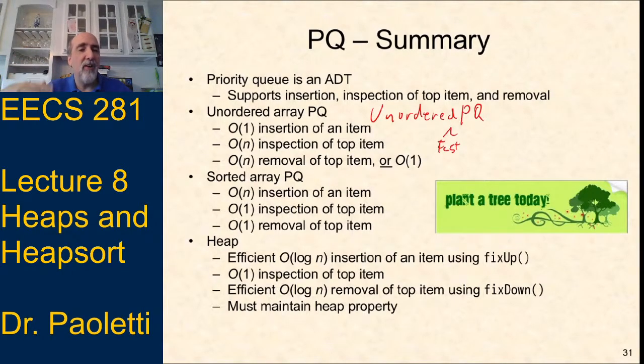So between push and pop, the combined cost is always O of n. If we add them together, it's O of n to push it and later on to pop it.